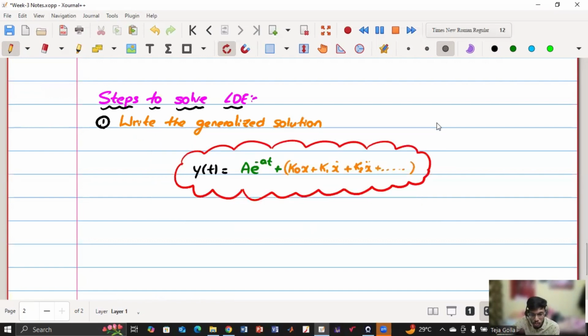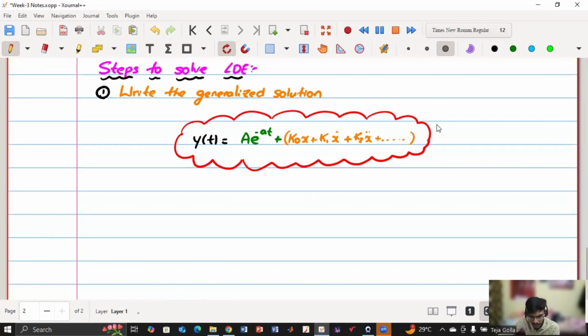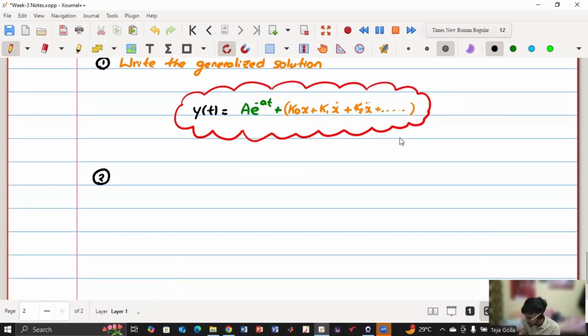Again, we have two parts here: one is the natural response, the other one is the forced response. Say you are calculating the forced response constants. How do I calculate these?